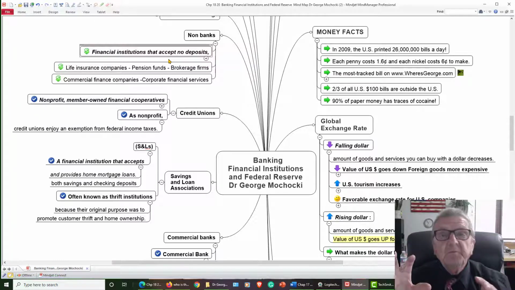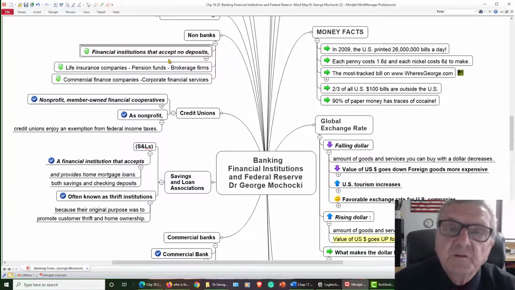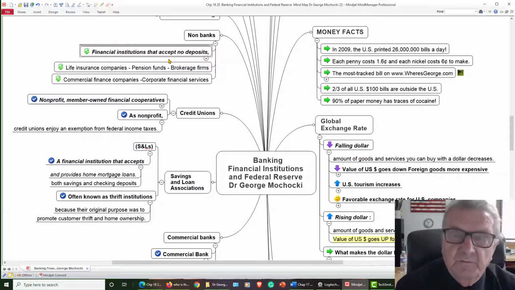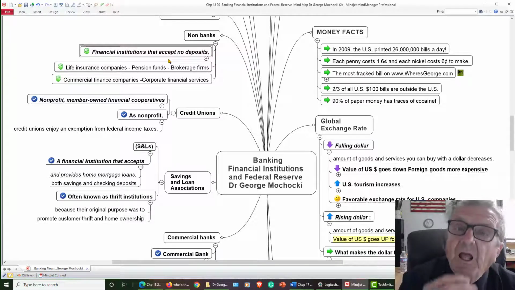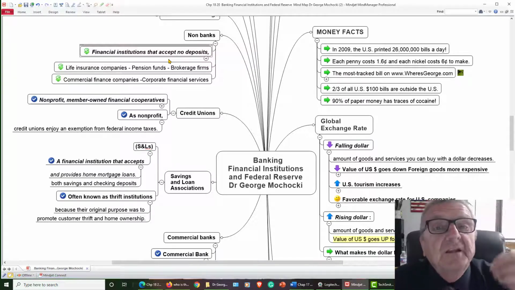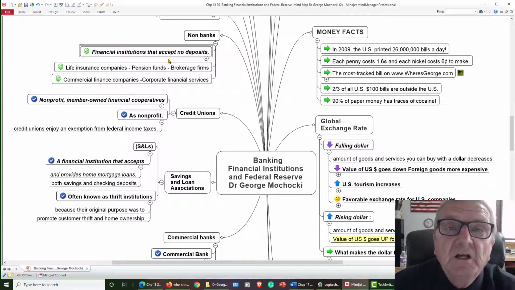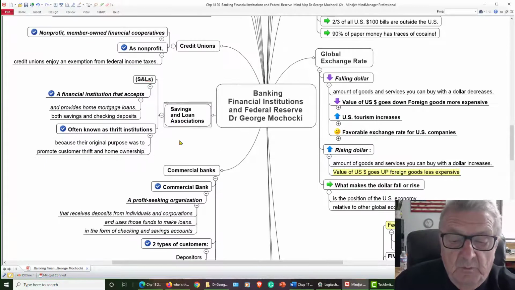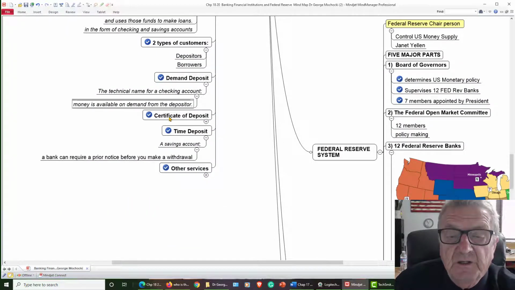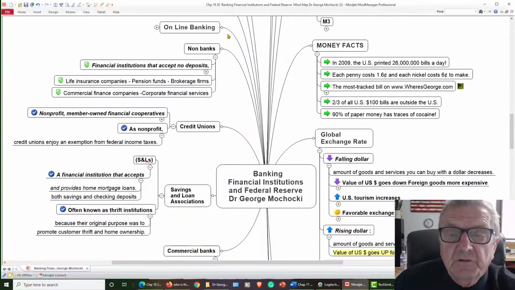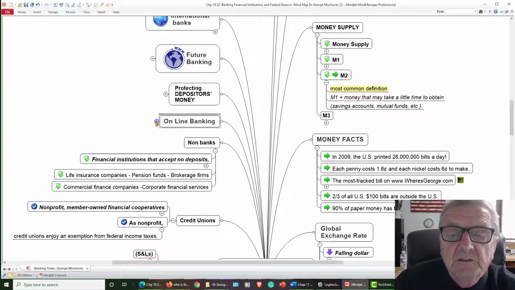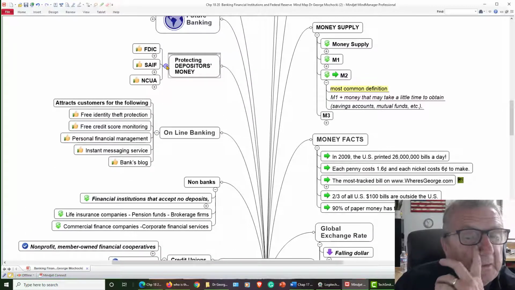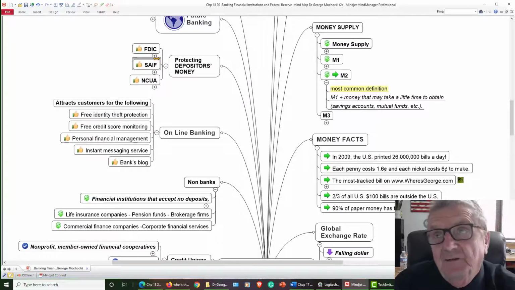Now, sometimes you could look at a bank that's not here in the U.S., let's say the Bank of London, and they get a better return. They may not have the money. Here in the U.S. we're protected by the FDIC, the Federal Deposit Insurance.